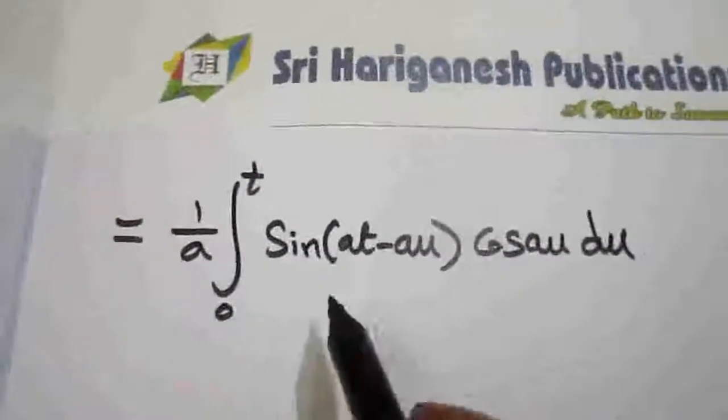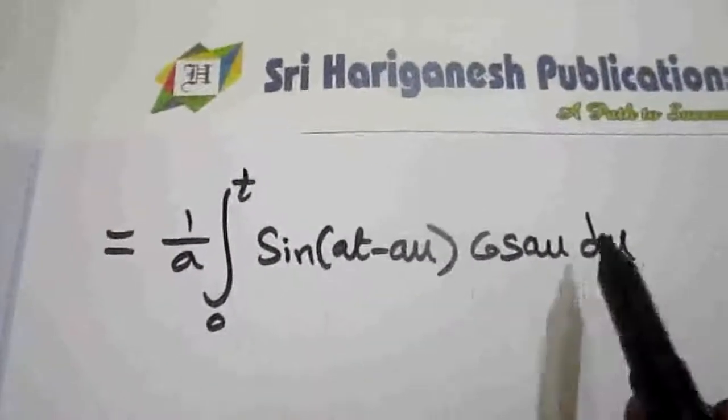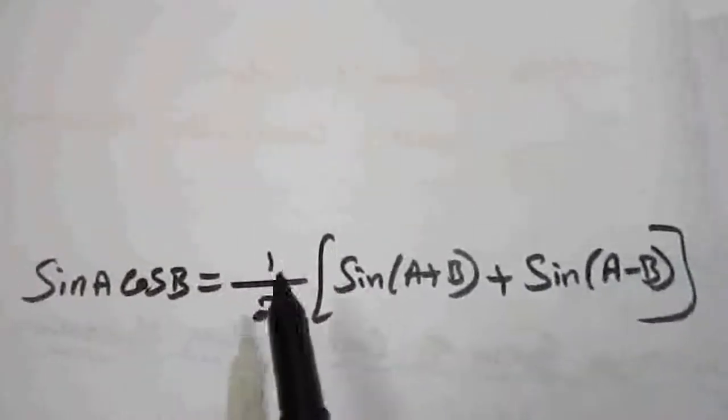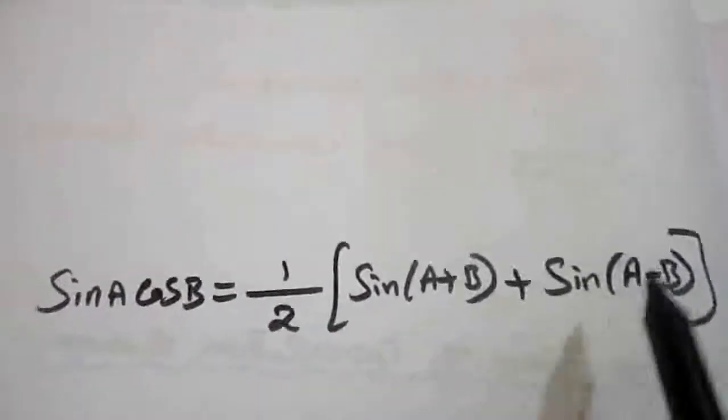Now here I am going to apply the sin A cos B formula. What is sin A cos B? Sin A cos B is 1 by 2 times sin(A plus B) plus sin(A minus B).